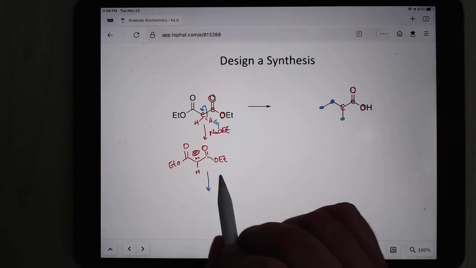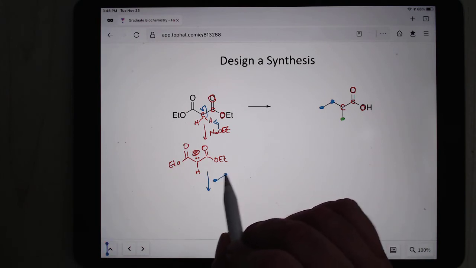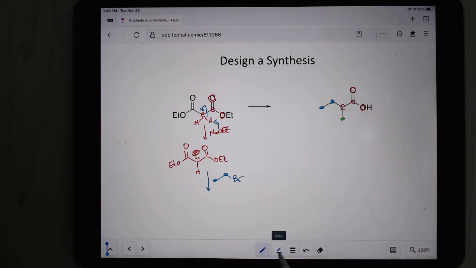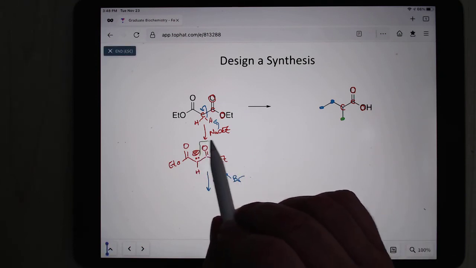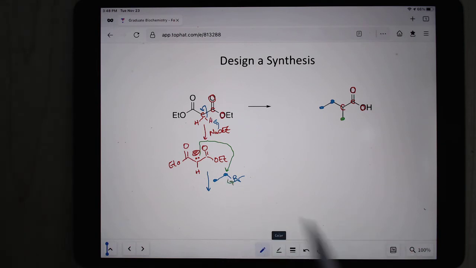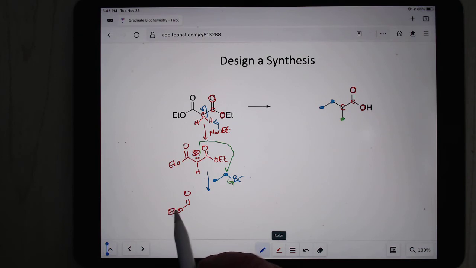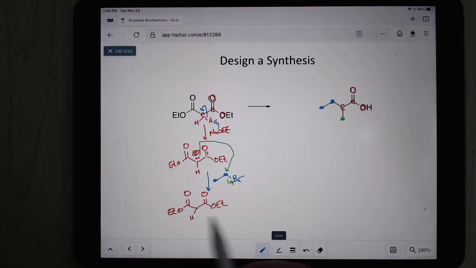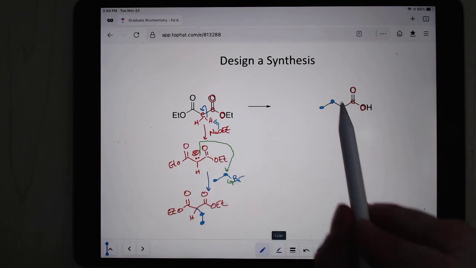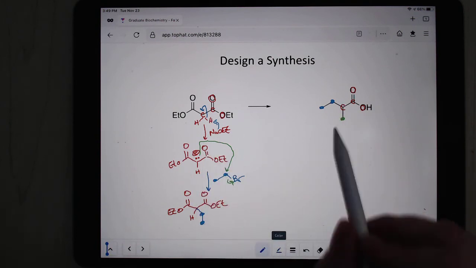So then we're going to dump in, say, this 2 carbon bromide, and then that's going to attack there, kick that away.